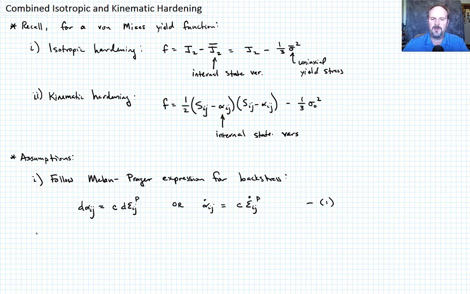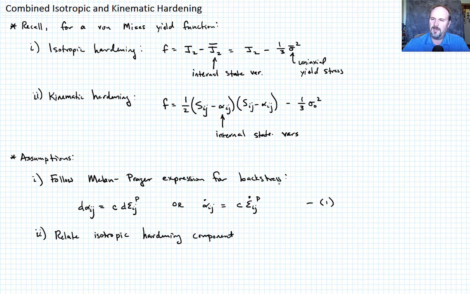The second assumption that we're going to make: in the case of isotropic hardening, we just said we want to expand this yield surface. It's going to be more convenient as we develop this more general expression to relate the isotropic hardening component to the plastic work.